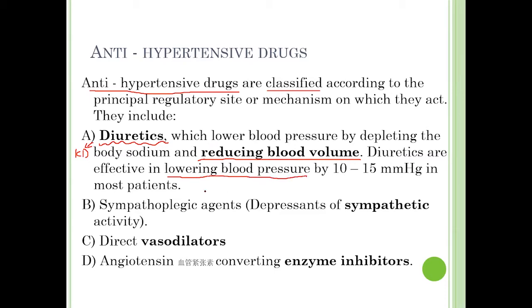So if a patient has high blood pressure, sometimes the doctors give the patient some drugs to promote urination. This way can truly reduce about 10 to 15 of pressure. So it's a pretty effective kind of medication.